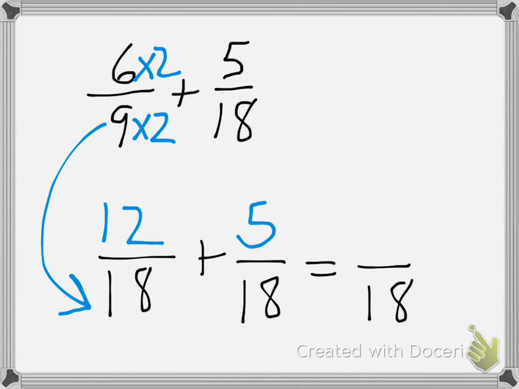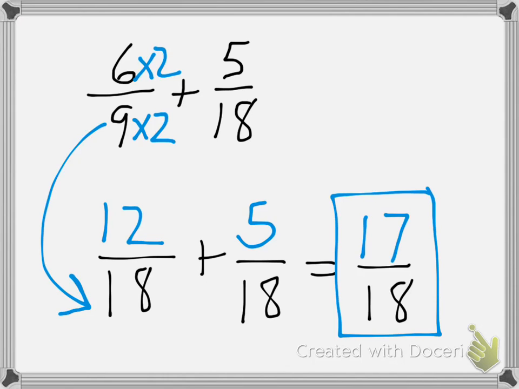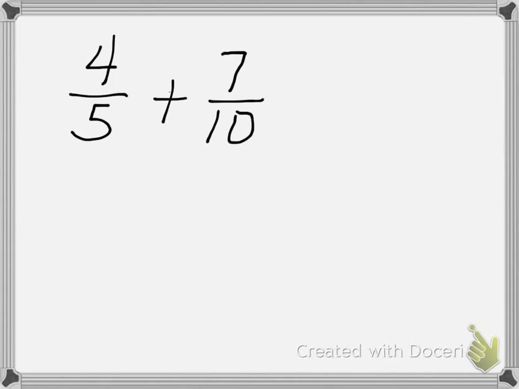So 12 plus 5 is going to equal 17/18. So 17/18 is going to be our answer. So once again, get a common denominator, and then all you have to do is add or subtract the numerators.